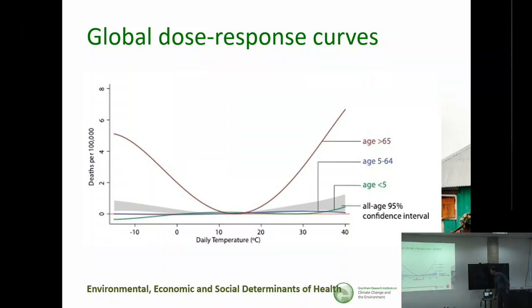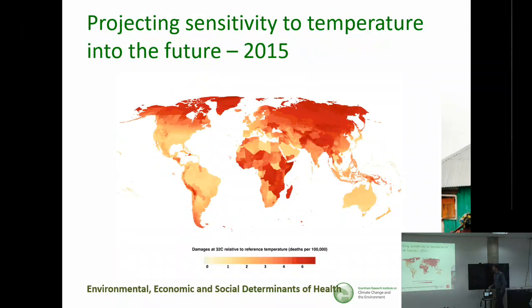And so then we can actually look at how sensitive different parts of the world are to these high temperatures. This is the world as it currently is, or was in 2015, in terms of the increase in deaths per 100,000 when you have a day of 32 degrees.